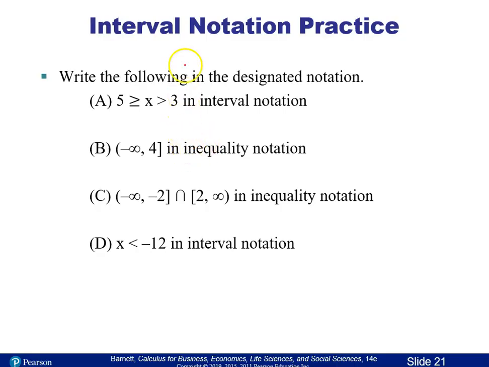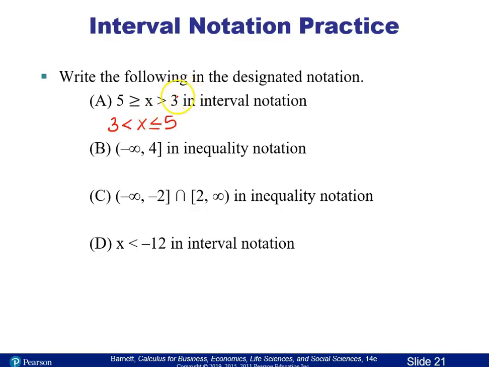Okay, so on this one, if we want to write it in interval notation, the first thing I would do is turn it around, because generally we like to go from left to right, and 5 is more than 3. So I'm going to turn it around, making sure it's still pointing to what it's supposed to point to. So I'll have 3 less than x and then less than or equal to 5.